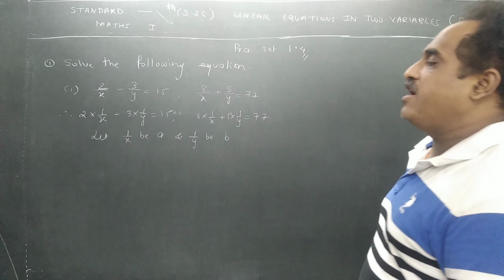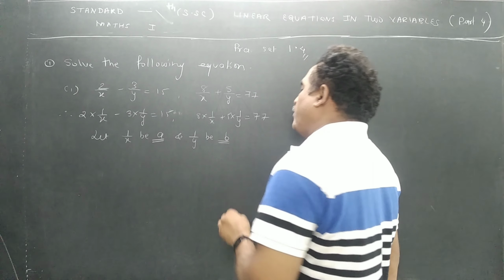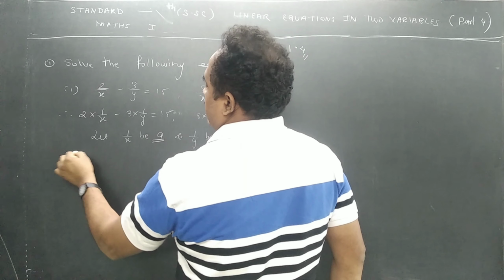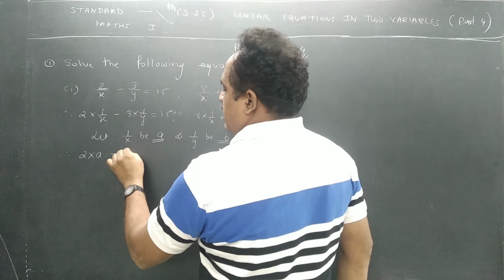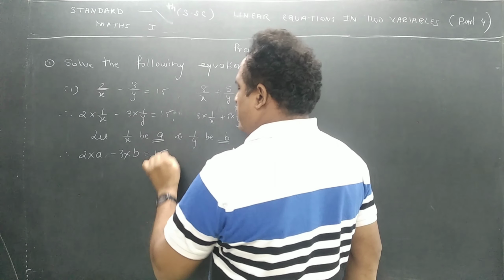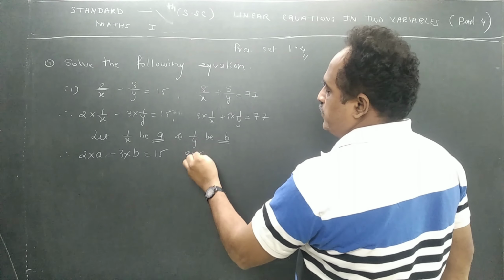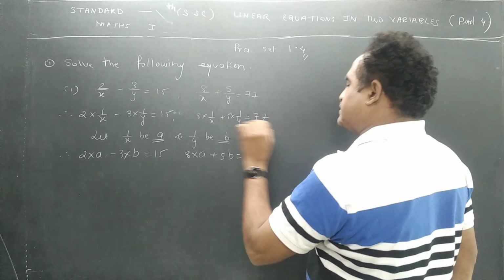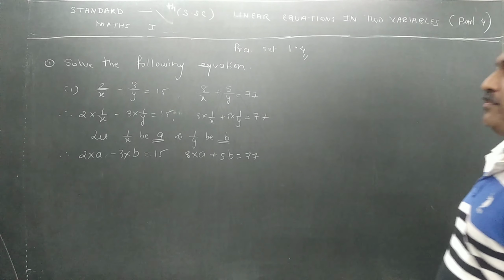So, instead of 1 upon x, what are you going to take? A, and 1 upon y, we are going to take what? B. So, this equation will become 2 into a minus 3 into b is equal to 15 and 8 into a plus 5 into b is equal to 77 is the second equation.